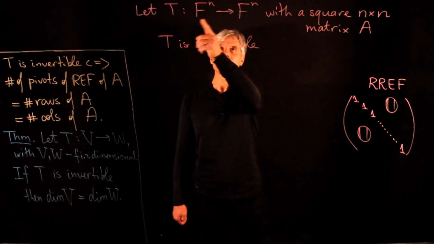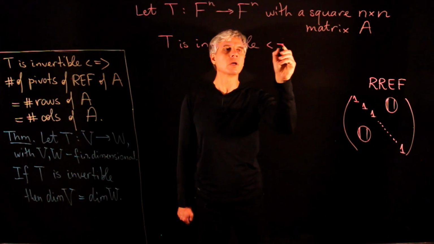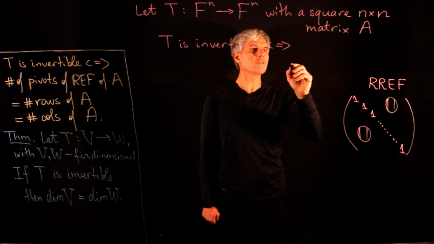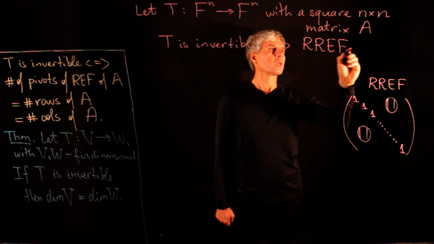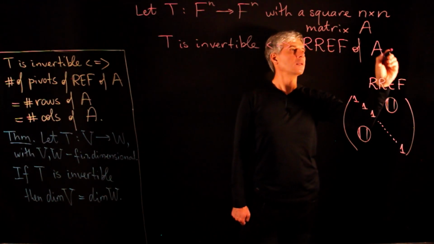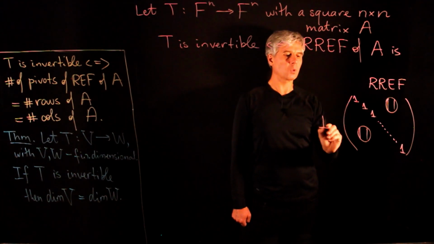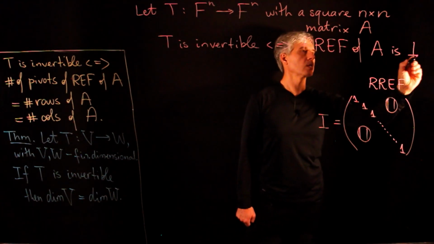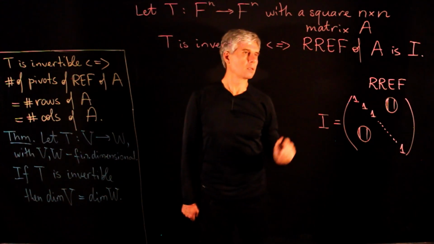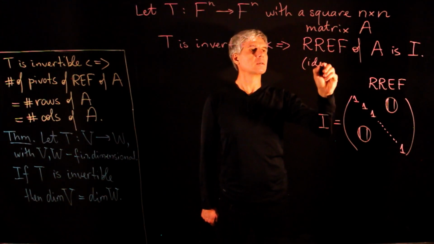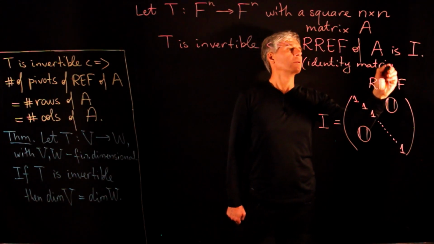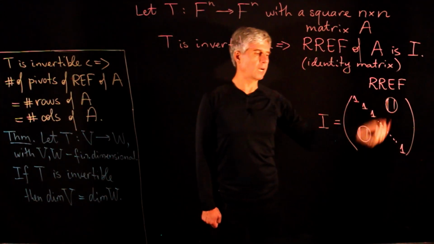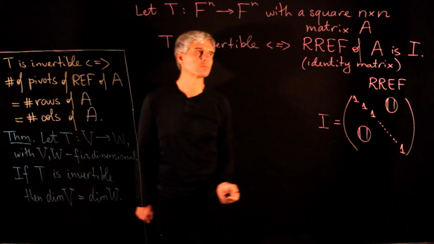So we say that in this situation, T is invertible if and only if reduced row echelon form of A is, so this we call identity matrix. So this is the matrix of identity transformation.